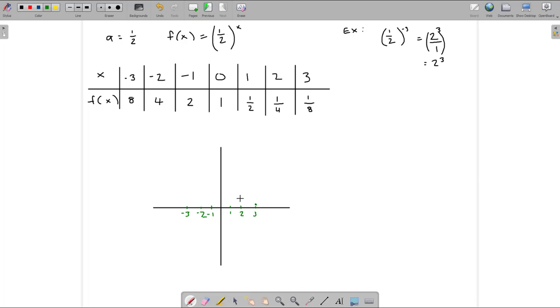At 2, I'm 1/4. At 1, I'm a half. At 0, I'm 1. So again, I'm scaling this so that my 1 is here. At 1, I'm 2, so way up here. And then continues to scale very quickly. Continues to grow very quickly in that direction. So my graph will look something like that.